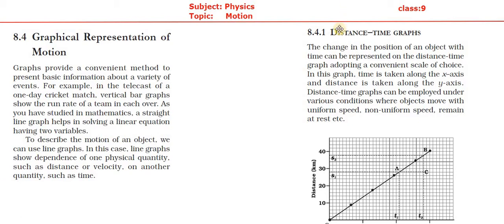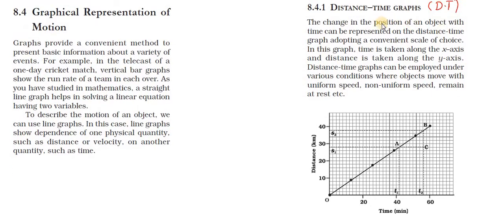So it's a distance-time graph, which you can call a DT graph. The change in the position of an object with time can be represented on the distance-time graph, adopting a convenient scale of choice.